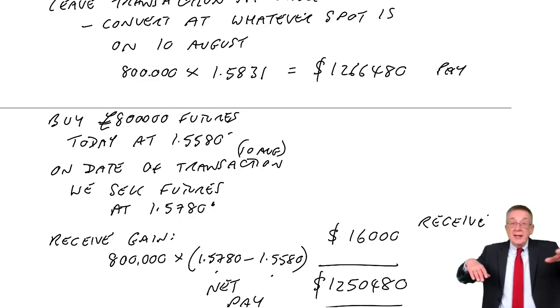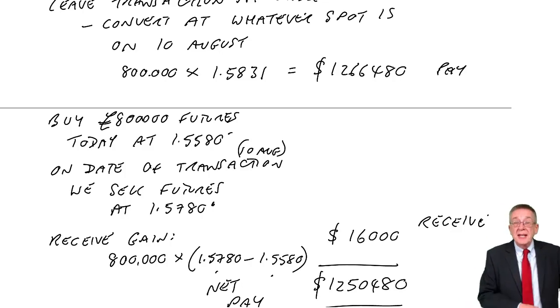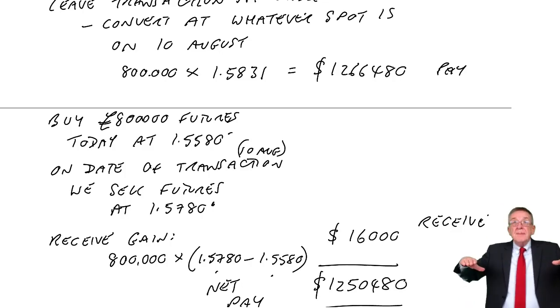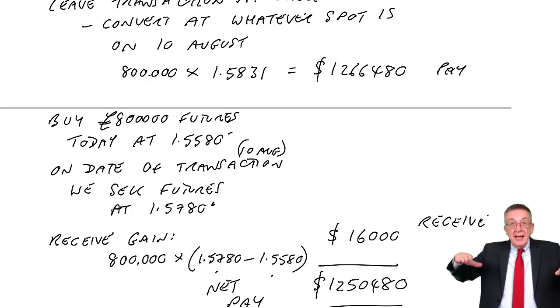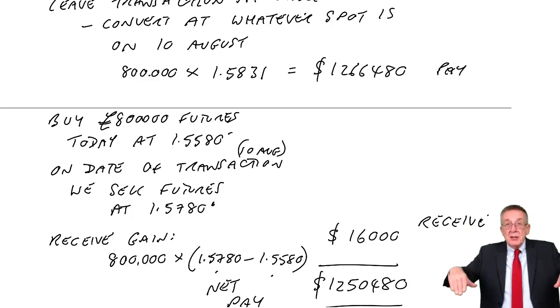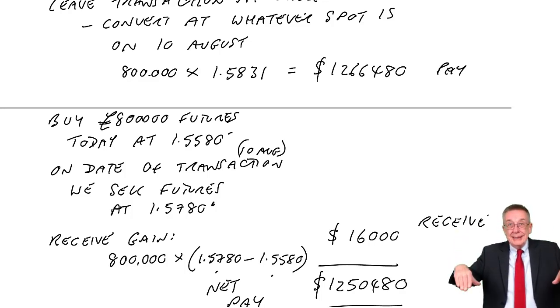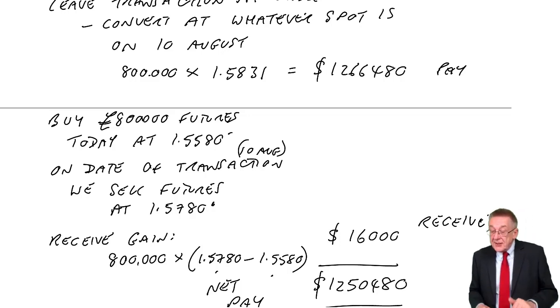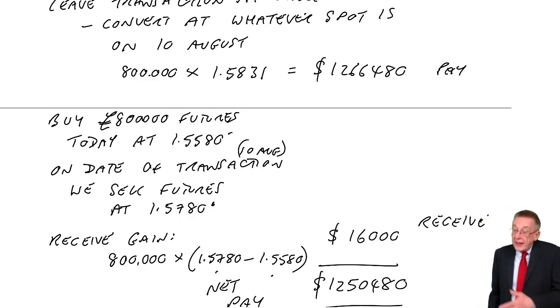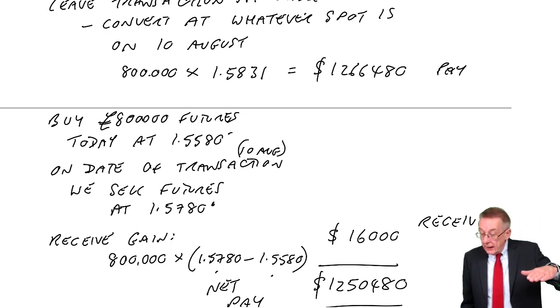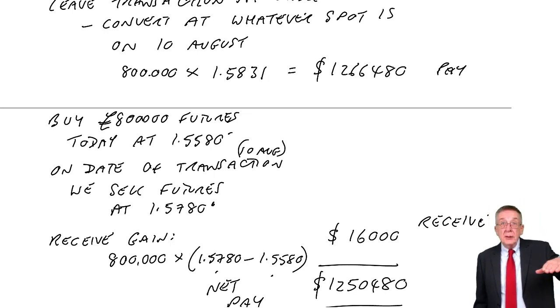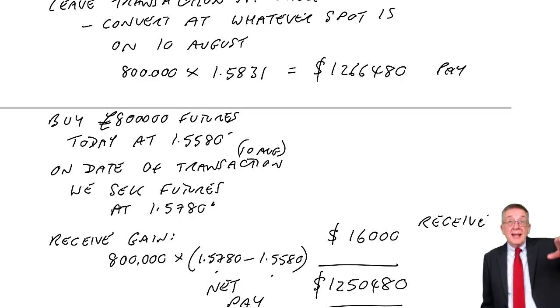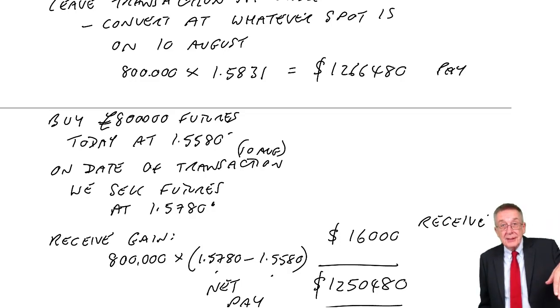And although the futures are a quote for converting in September, as the spot rate goes up and down, so too the futures quote will go up and down. And so, completely separately, we've entered into a futures deal. And as the futures price goes up and down, the futures make a gain or they make a loss.